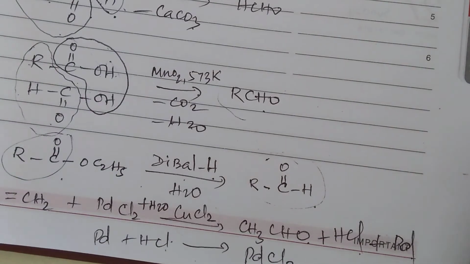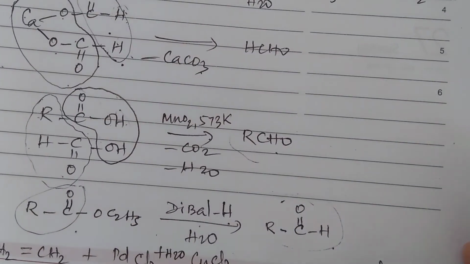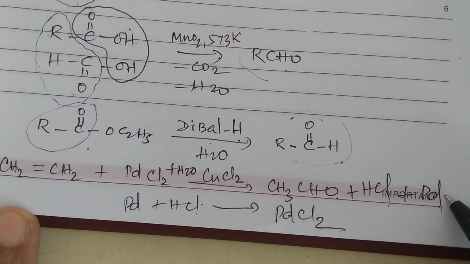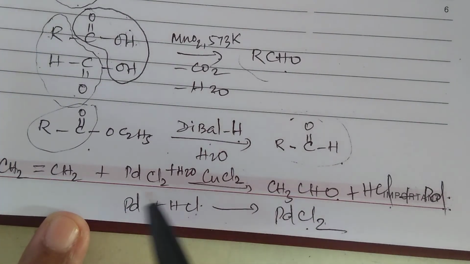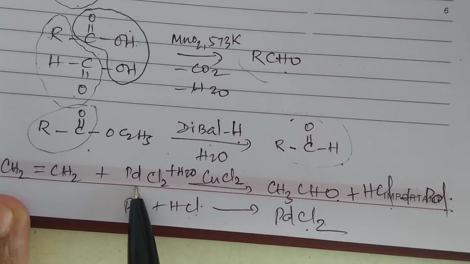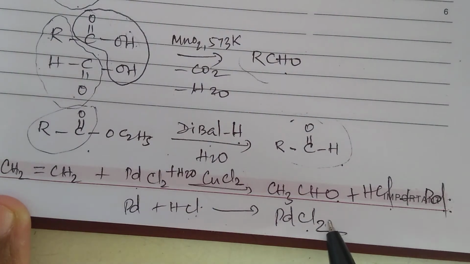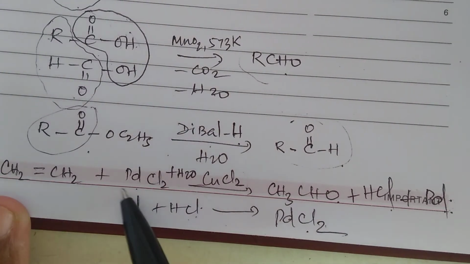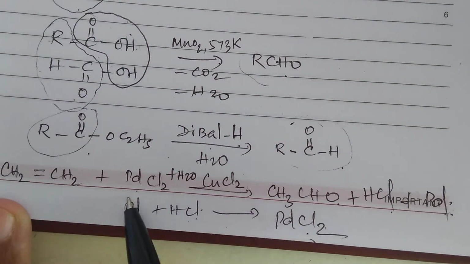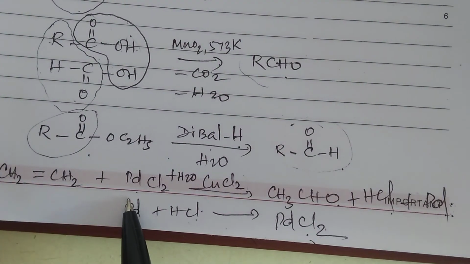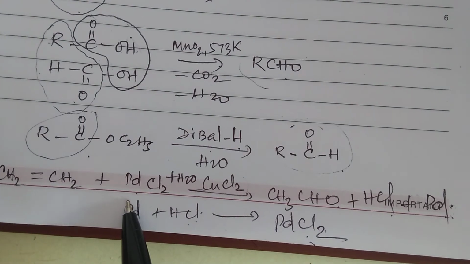Now what is the advantage here is the Pd that is formed can be converted to PdCl2 again and can be used with another molecule of alkene. Is that clear? So that advantage is there. PdCl2, a very small amount if you use, that is sufficient because it can be regenerated and used again and again, right? So that is one advantage for Wacker's process.